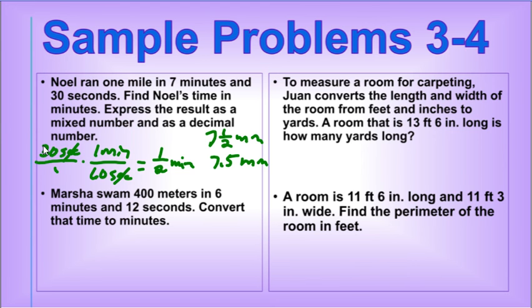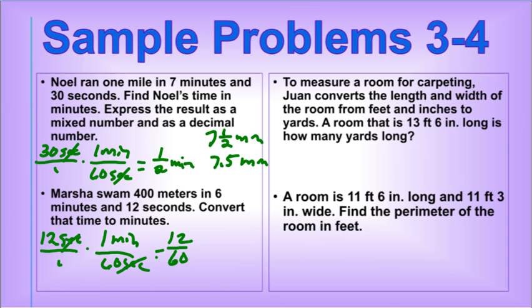Next one, Marsha swam 400 meters in 6 minutes and 12 seconds. Convert that time to minutes. So 12 seconds over 1 times 1 minute over 60 seconds. Second label cancels out, so I'm left with 12 divided by 60. 12 divided by 60 is 0.2, or 2/10.